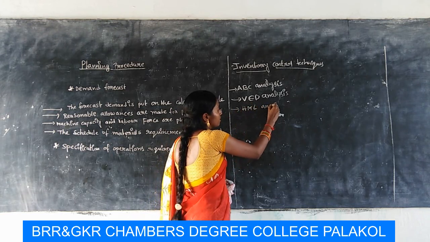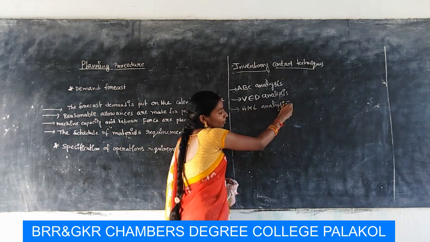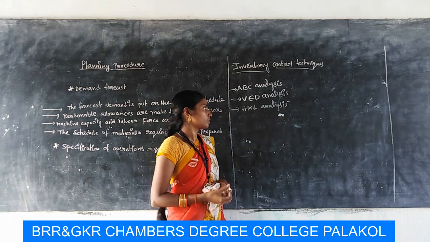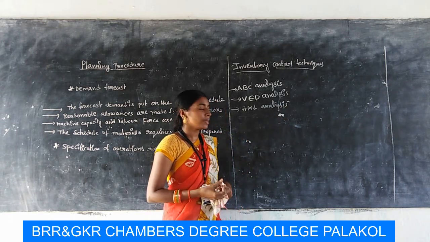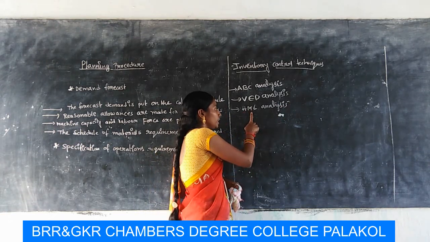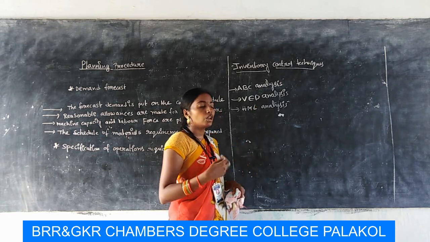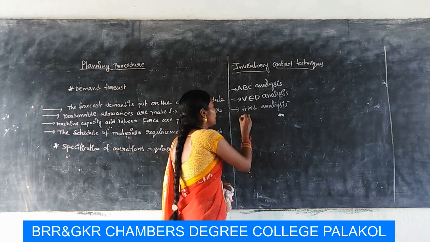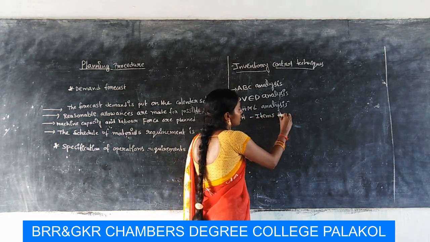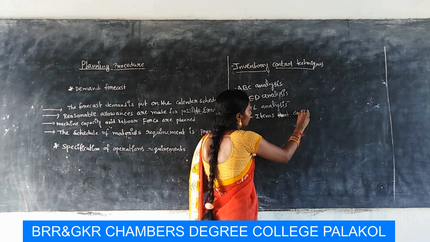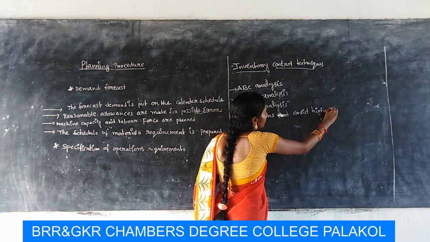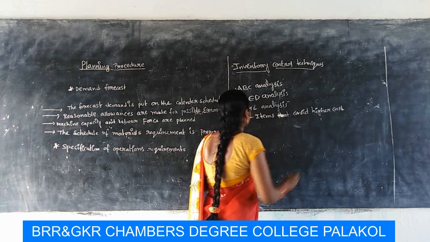It is based on how much a product costs. Here H means high cost, M stands for medium cost, and L stands for lower cost. For example, H: items that have higher cost.